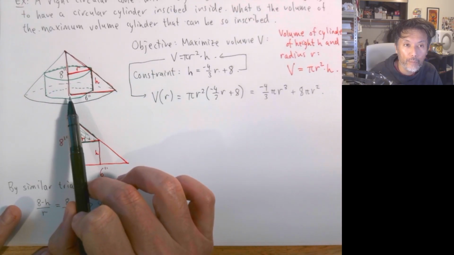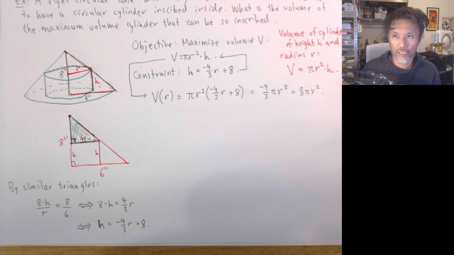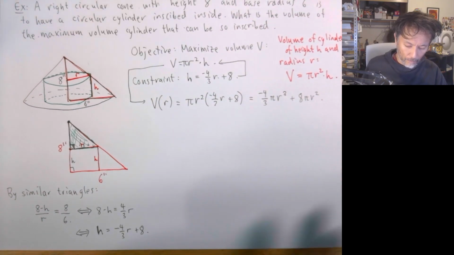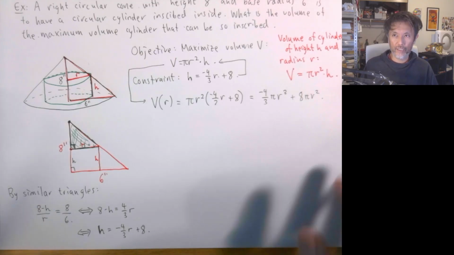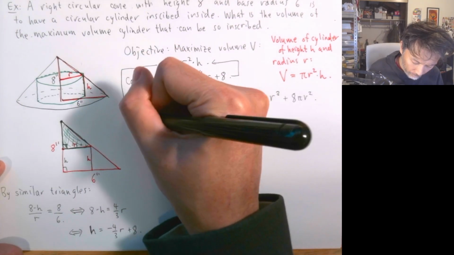The minimum it could be is 0. The maximum it could be is 6. Okay? So I would suggest that at this point you pause the video and do that maximization. But in any case, I'm going to go ahead and start churning. First move that I'm going to make is try to find critical points.